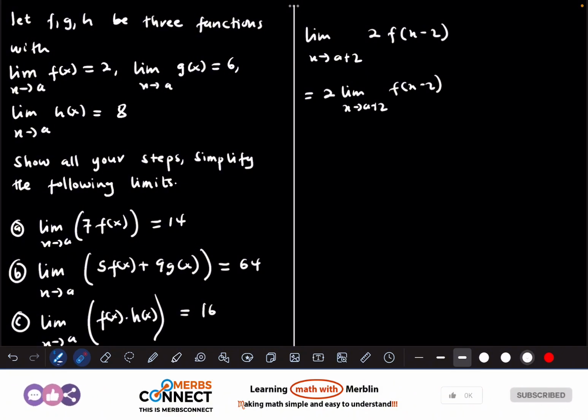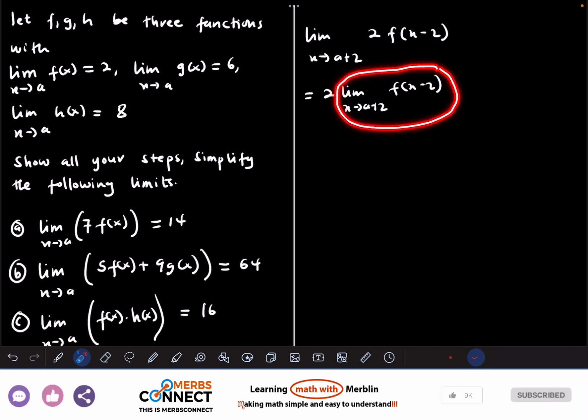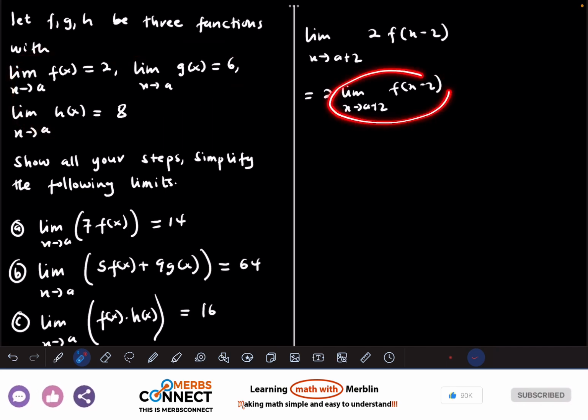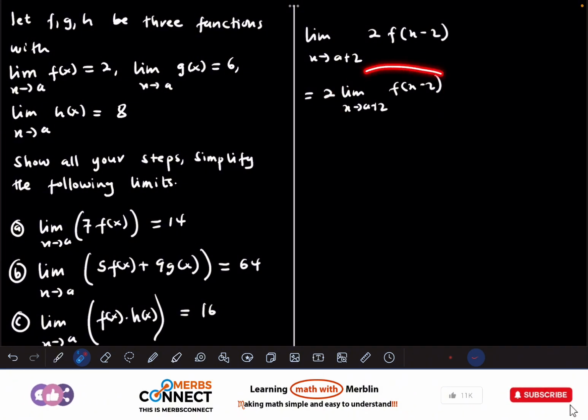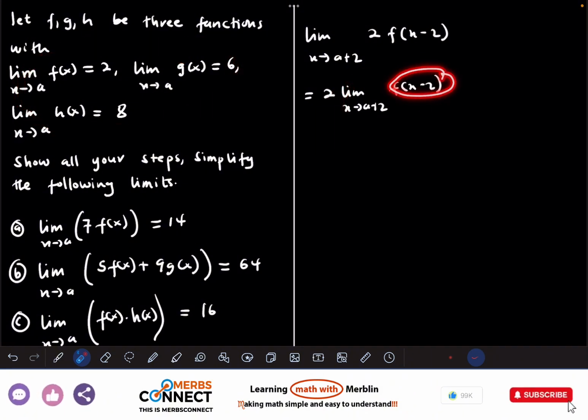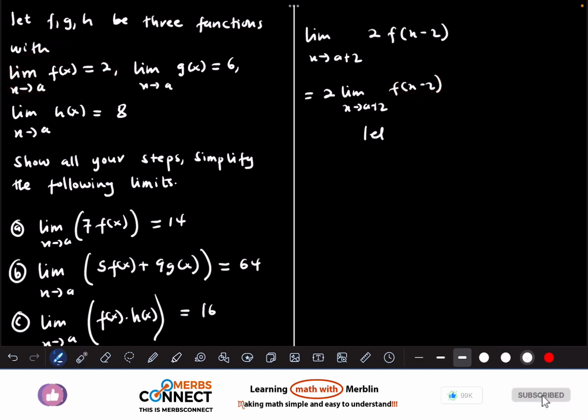So now here we don't have any function of this form, like we don't have any condition here, any information on this. So we need to make sure that we manipulate to get one of this. And mostly, since the function is in terms of x, we need to do it in such a way that it will be like this. So I'll let u be equal to x minus 2. So I want to make sure that this is a single value because this is a single value here, right?